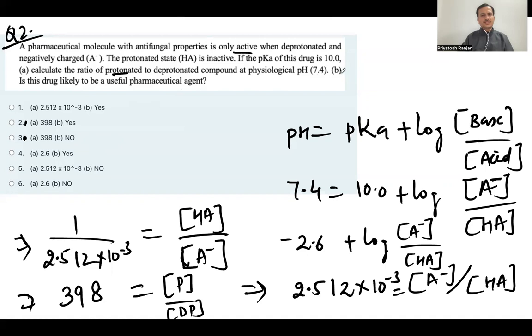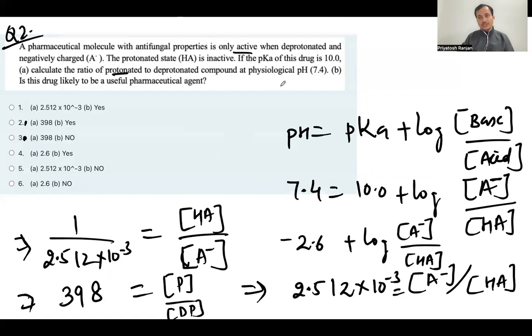Now the next question, B, is this drug likely to be a useful pharmaceutical agent? It's given in the question that the deprotonated form, the negatively charged form, is active. Now look at the ratio. The protonated form is much more compared to the deprotonated form.